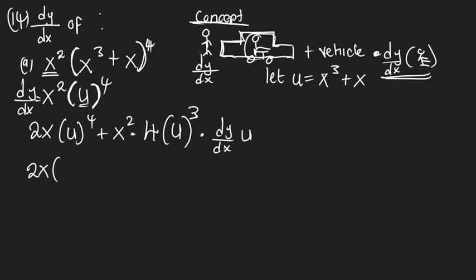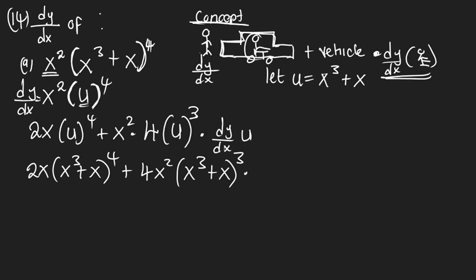While there is u, I'll bring back x to the power 3 plus x to the power 4, plus this is going to be like 4 x to the power 2. While there is u, I'll replace the 3x, x to the power 3 plus x, and then to the power 3. Then we will multiply by dy dx of u, the person inside the vehicle.